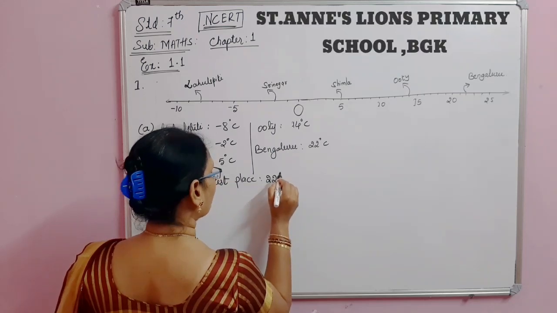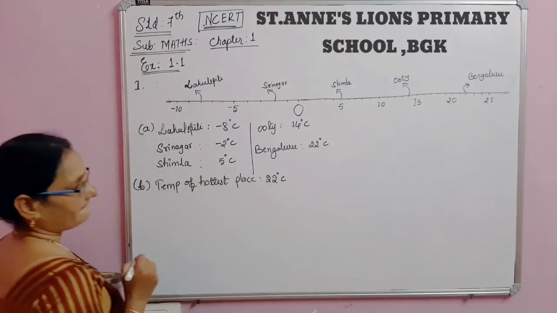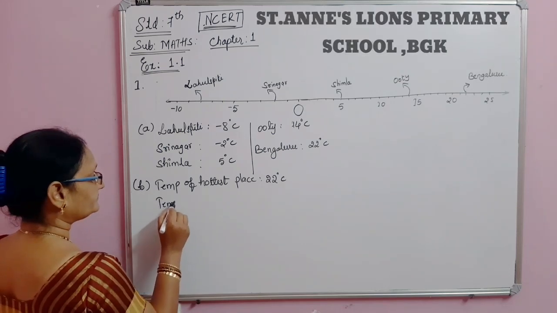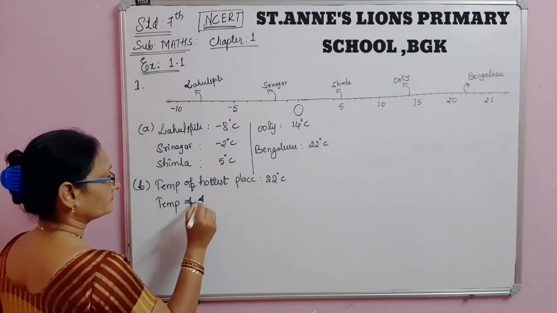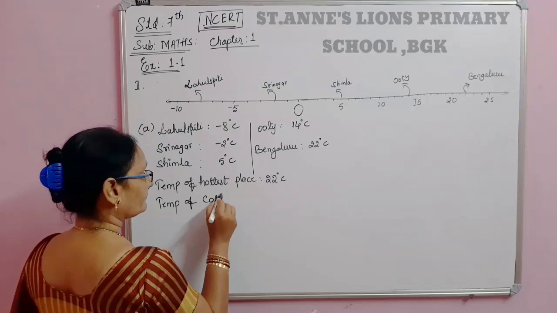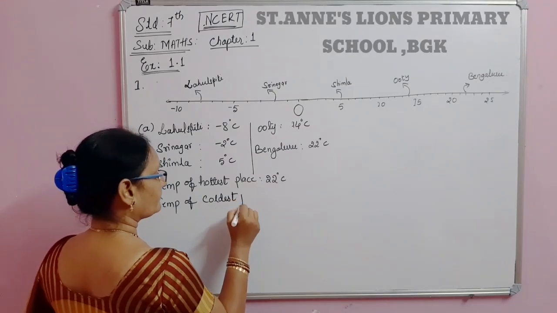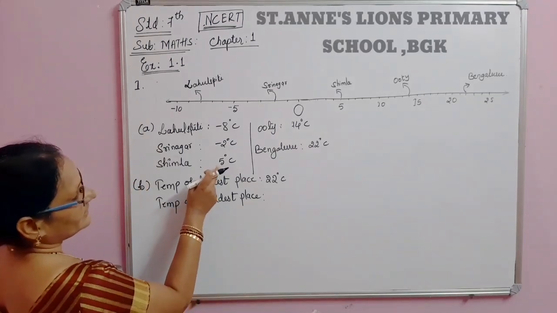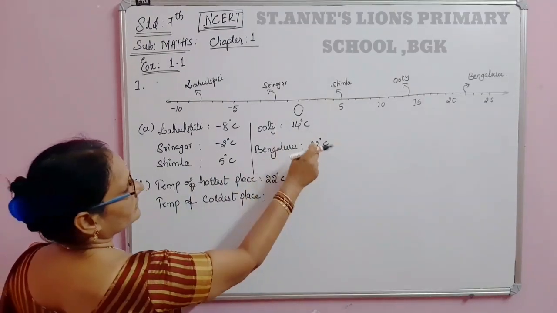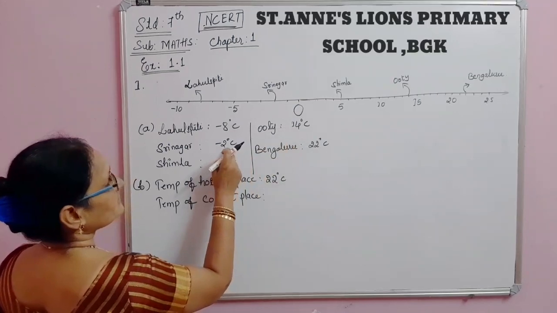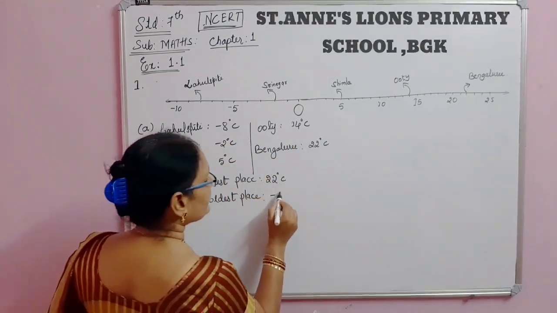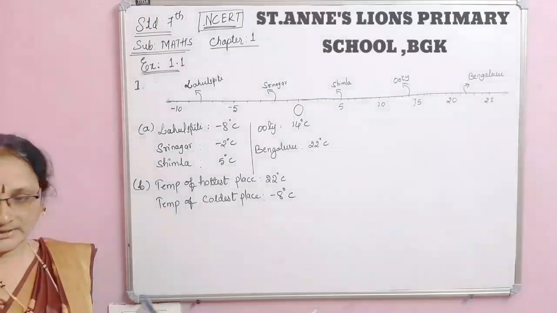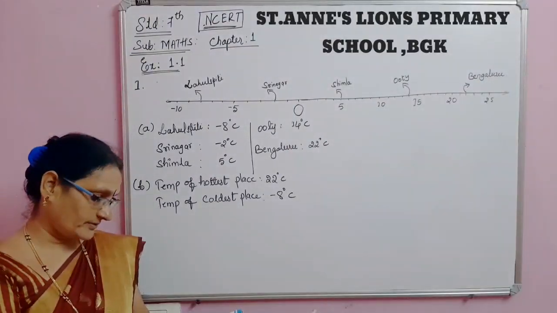That is at Bengaluru. And then coldest place. Temperature of coldest, here see, 5, 14, 22, and then minus 8 degrees Celsius is coldest.